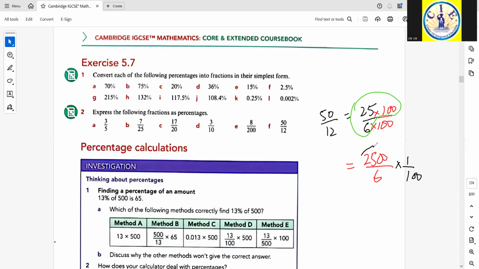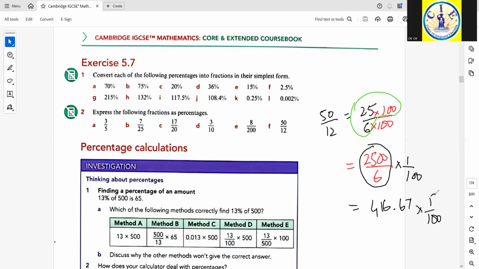So now 2500 by 6 would give me, if I divide it, 2500 divided by 6. So that is 416.66 and so on. So I can round it off to 416.67 times 1 by 100.